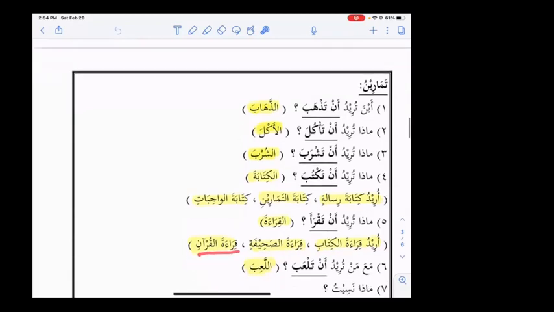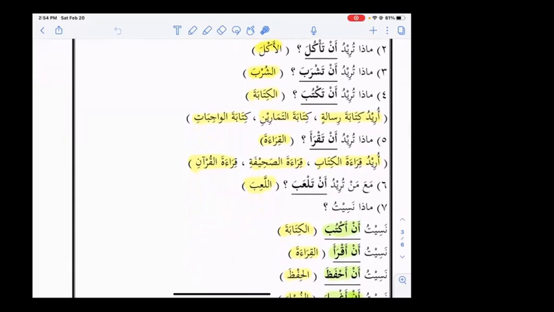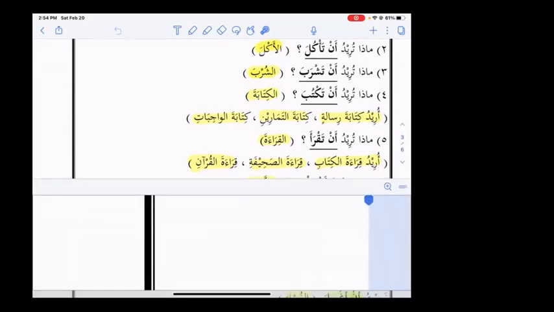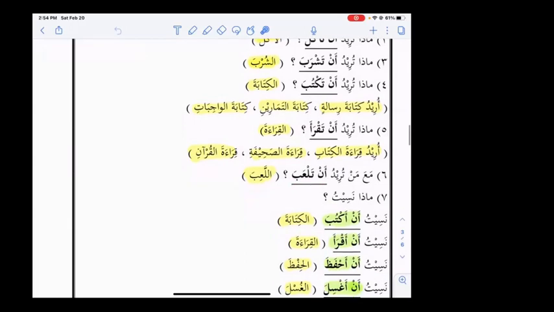And then: ما من تريد أن تلعب لعبة. That is the mastar. So you can say ما من تريد اللعبة. Instead of this, you can say اللعبة. ماذا نسيت؟ What did you forget? نسيت أن أكتب.